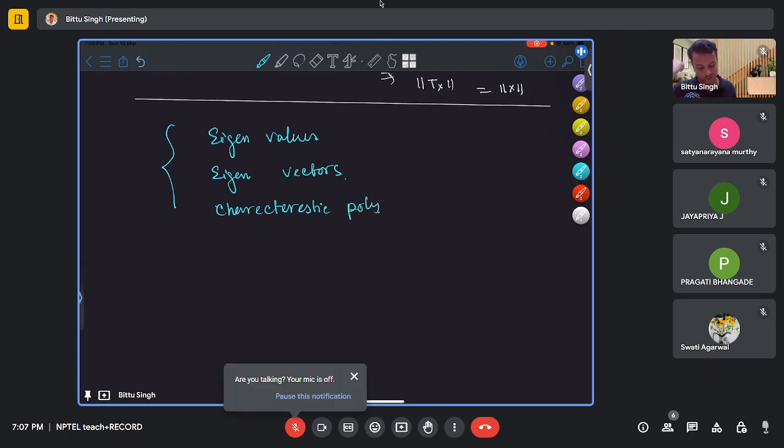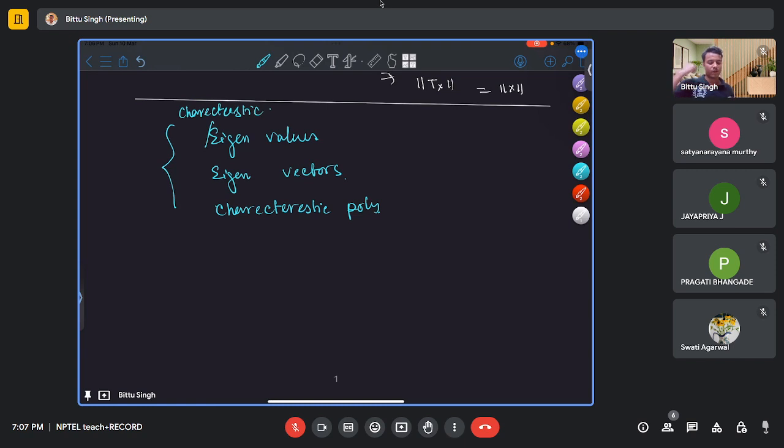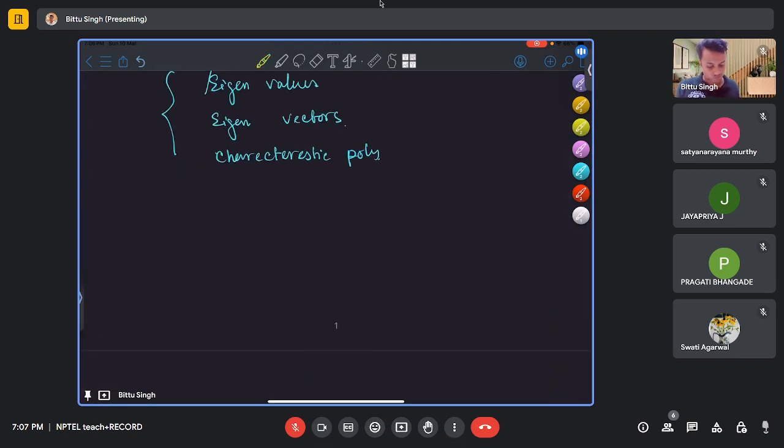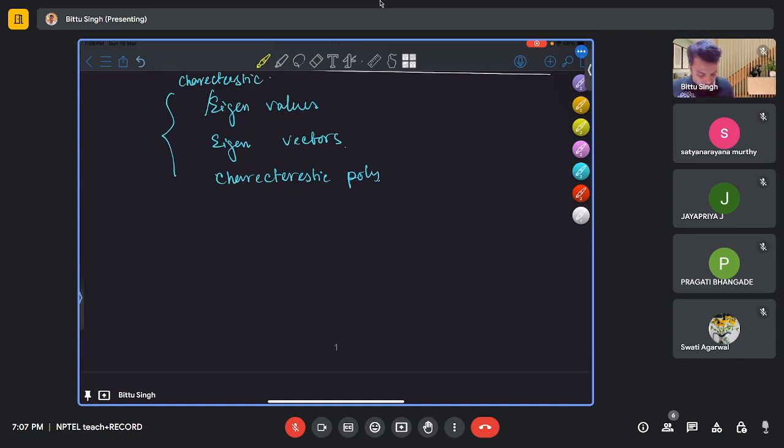Many times there is another synonym for eigenvalues or eigenvectors, that is, characteristic values or characteristic vectors. Okay, so those will be our topic of discussion.